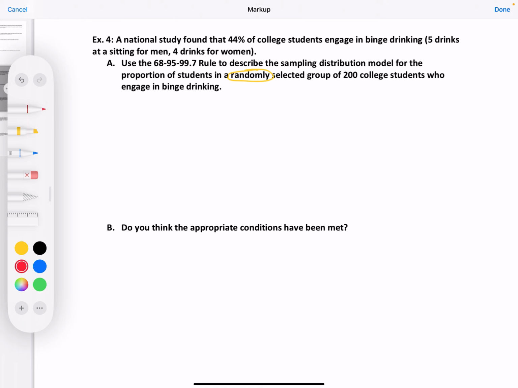So, the mean would be what? Or just like what's the mean for this in general? 0.44. Yep, 0.44.